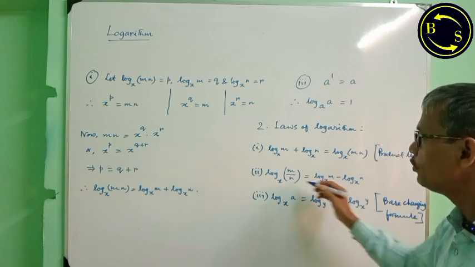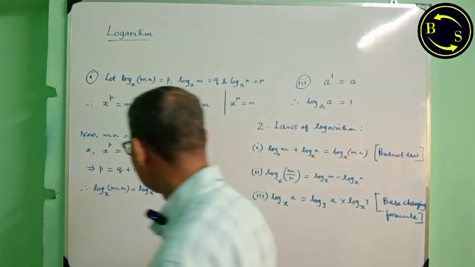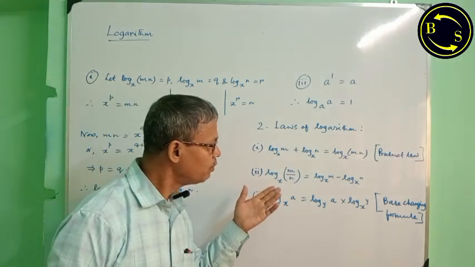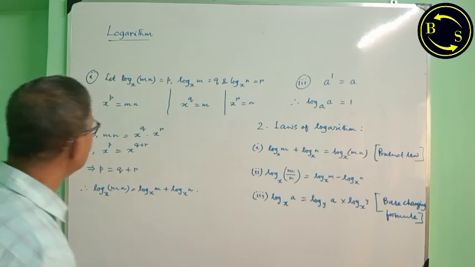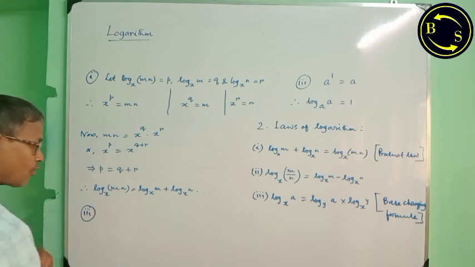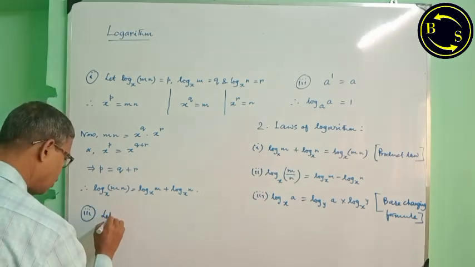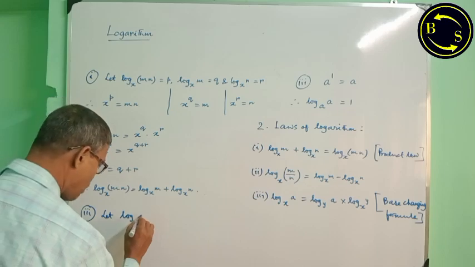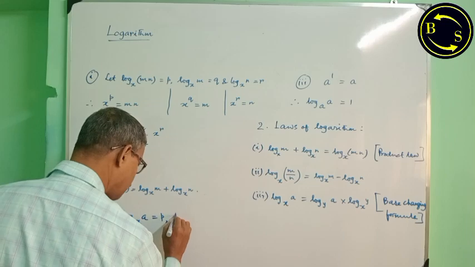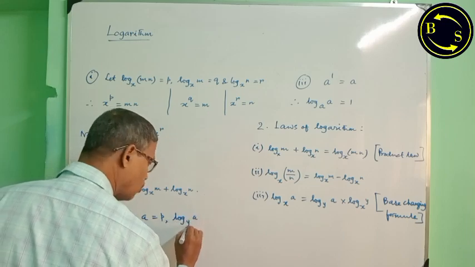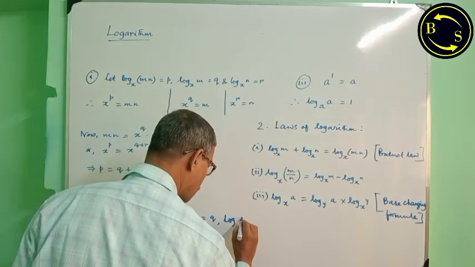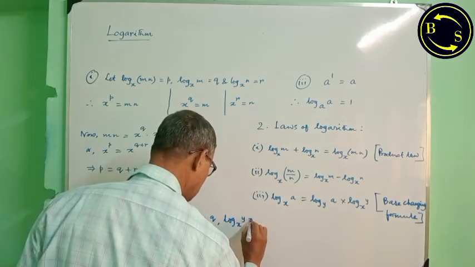I advise you to prove it yourself, learners of 11-12 standard. Prove this one yourself. Now I prove the third one. Let log of a to the base x equal to p, log of a to the base y equal to q, log of y to the base x is equal to r.